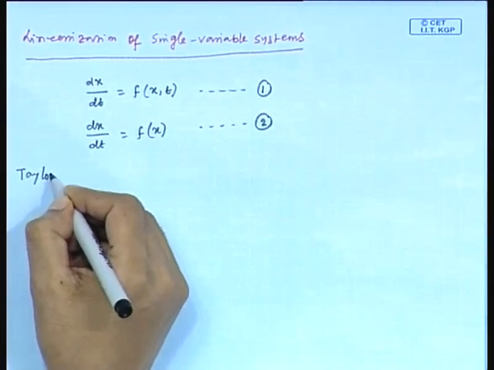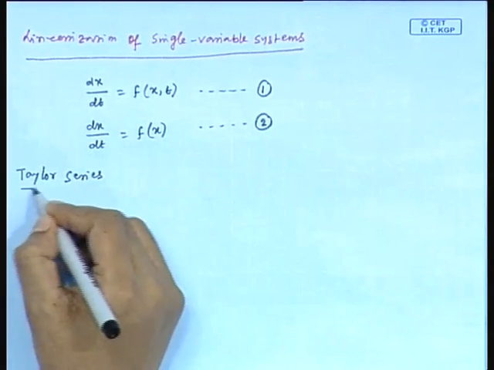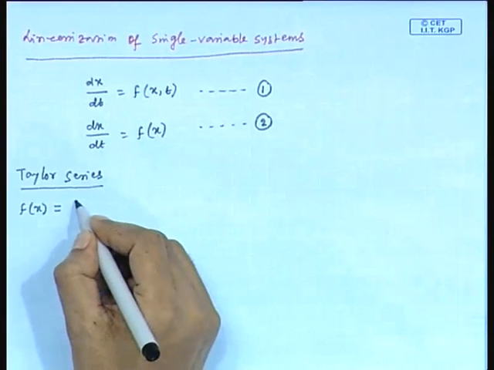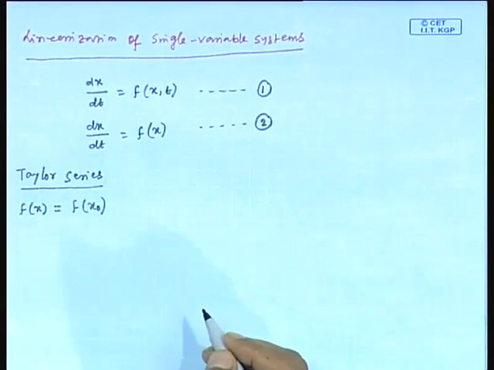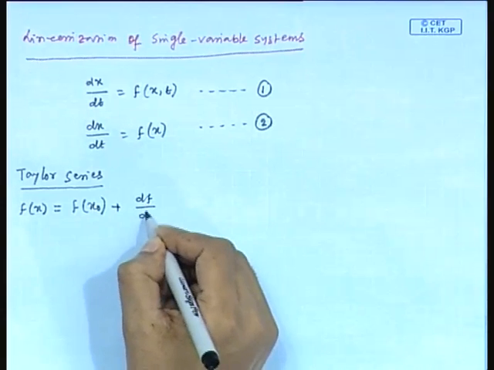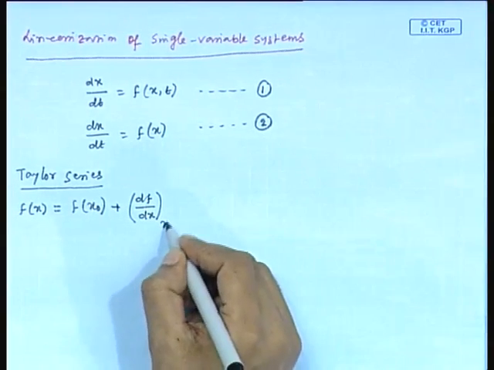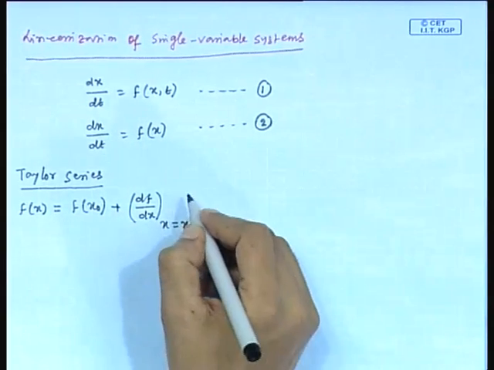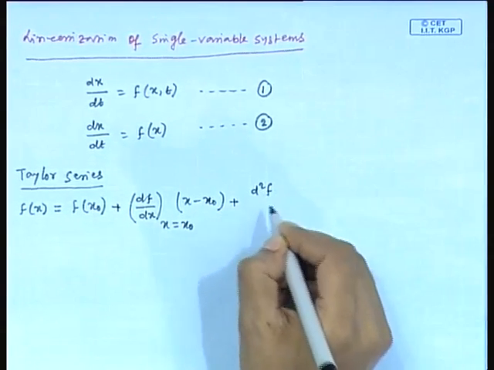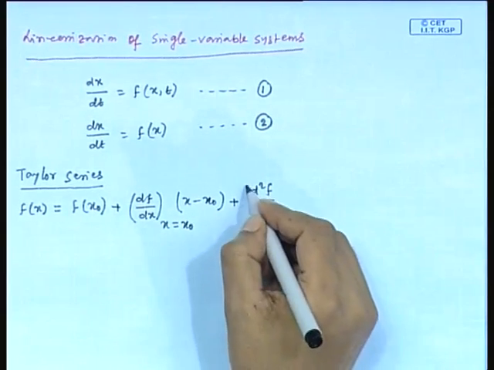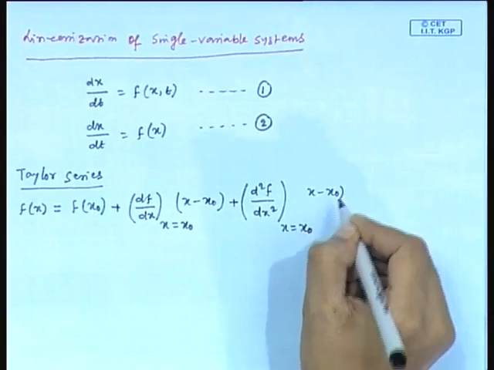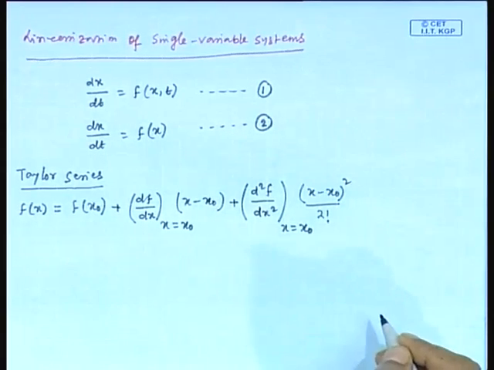We will use the Taylor series to linearize f(x). Accordingly, f(x) equals f(x naught), where x naught is the reference value of x, plus df/dx at x equals x naught times (x minus x naught), plus d2f/dx square at x equals x naught times (x minus x naught) whole square divided by factorial 2.